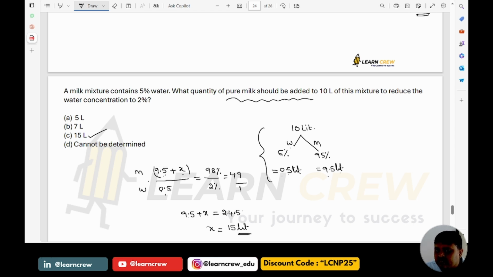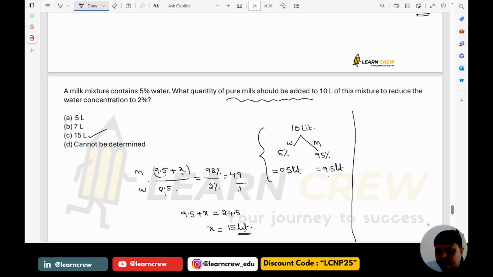Now that water is 2%, so the milk is 98%. After cross multiplication and simplification, I got x as 15 liters. So the amount of milk added is 15 liters. This is one procedure.